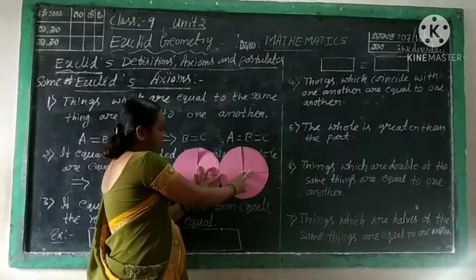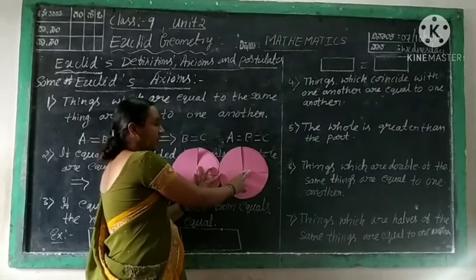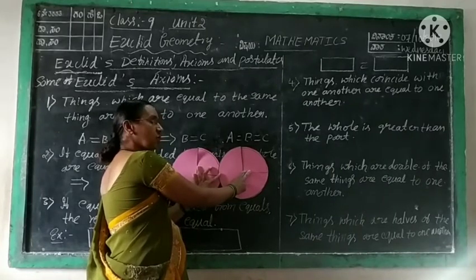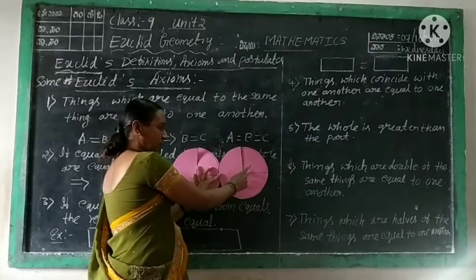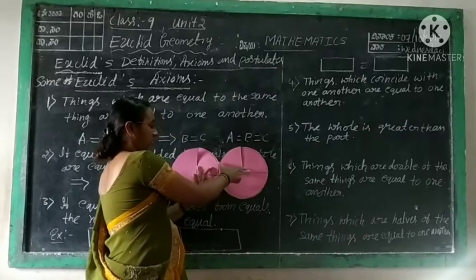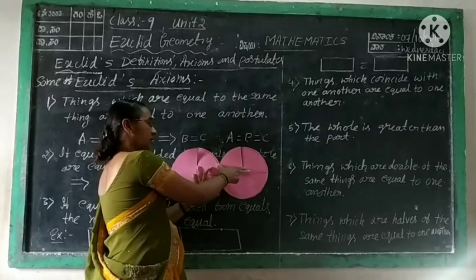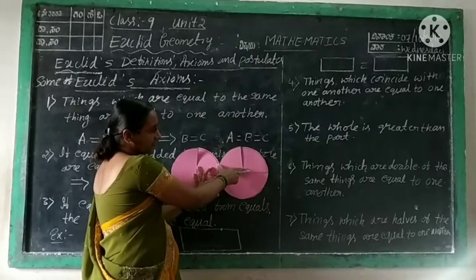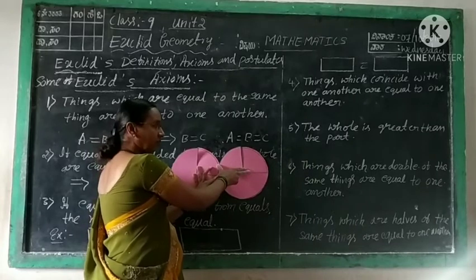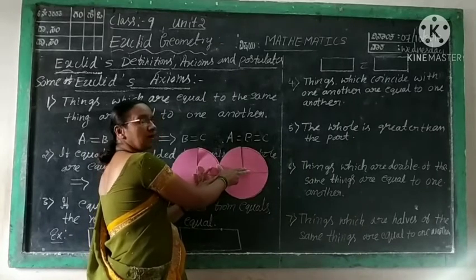Then two cut circles here. We add to the two circles equal parts: to one circle one equal part, and to another circle another equal part. Then the two circles are the same.